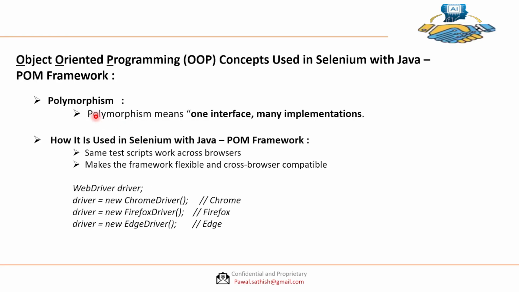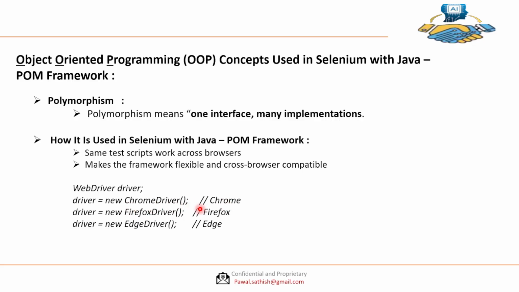Then next is polymorphism. Polymorphism means one interface, many implementations. When we are developing with Selenium, we need to execute the same test scripts in multiple browsers. In that case, we can use polymorphism, or when one method needs to be called multiple times. For example, here I mentioned Chrome driver.